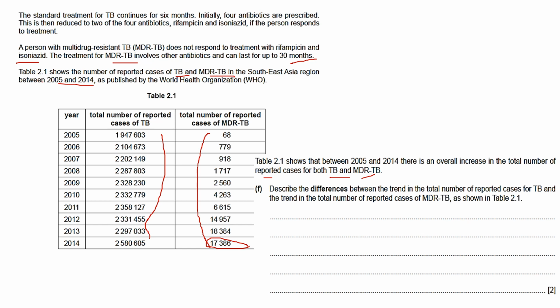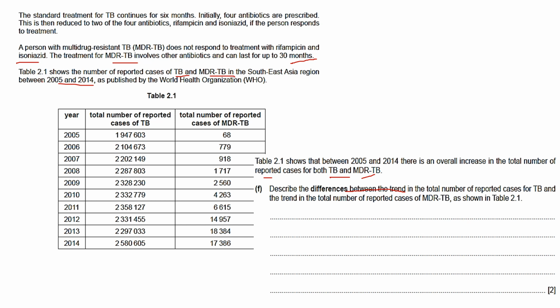So in this case, you're not required to do any hectic analysis. You simply need to pay attention to the figures because it says describe the differences between the trend. So it means you're looking at 1 year to the next, what exactly is happening. So if we look at TB, let's start with TB. I'm just going to erase some of these, and I think I'll switch to a blue pen for once.